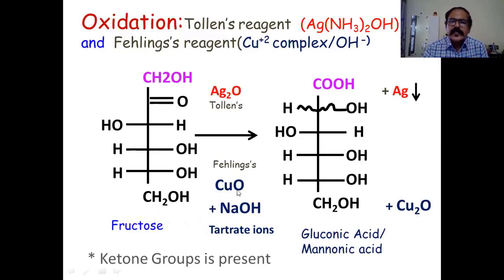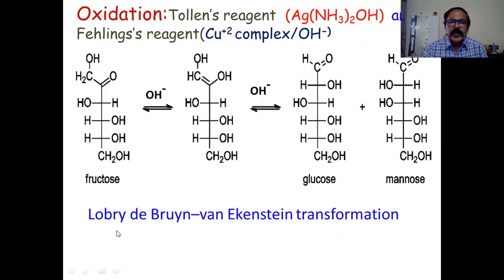When it reacts, this blue color will be converted into Cu2O, which is red in color. Looking at the red color, we can conclude that Tollens reagent and Fehling's reagent react. Even though fructose has a ketone group and should not react, due to this Lobry de Bruyn-Van Ekenstein transformation, this rearrangement will facilitate fructose converting into glucose and mannose.